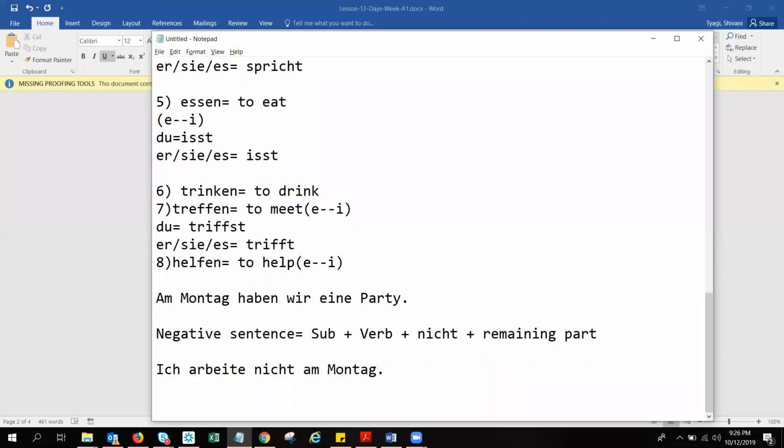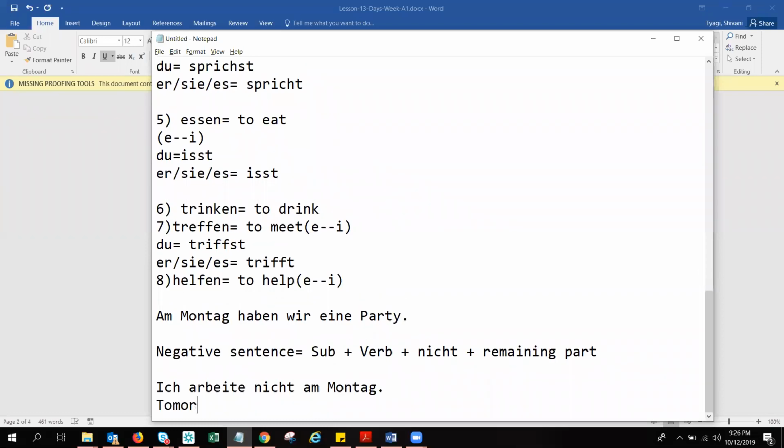Okay. So if I want to say tomorrow, like we don't have German class, we don't have German class tomorrow. Okay. Pratibha, can you try to translate this?